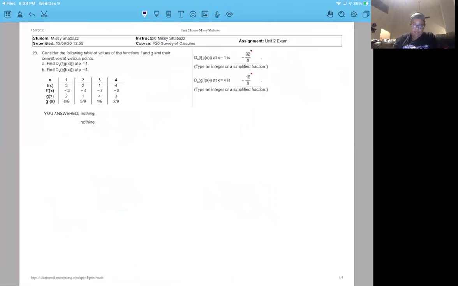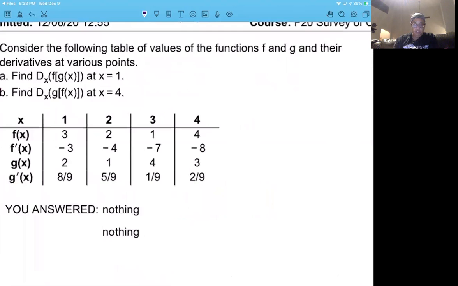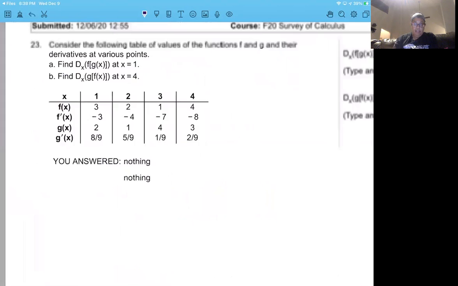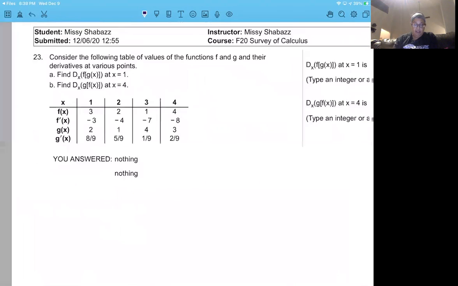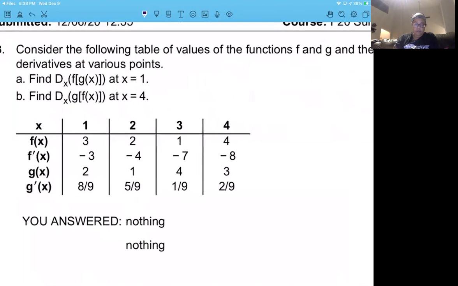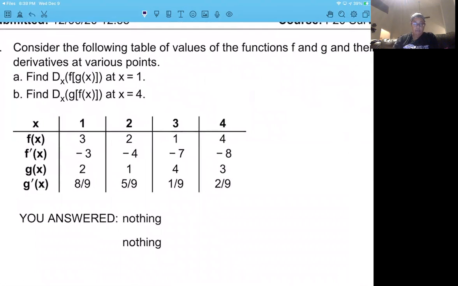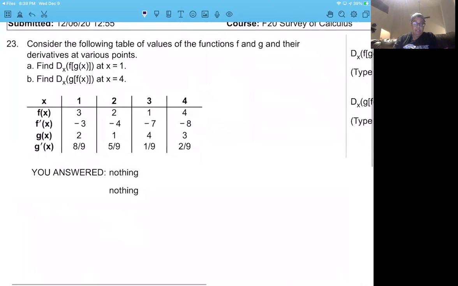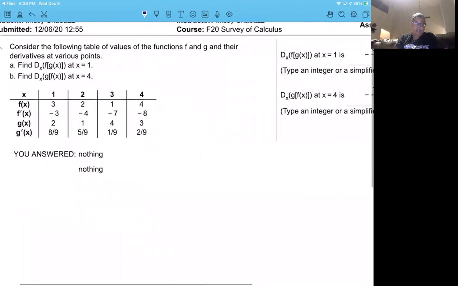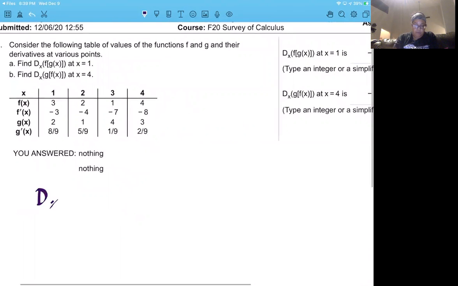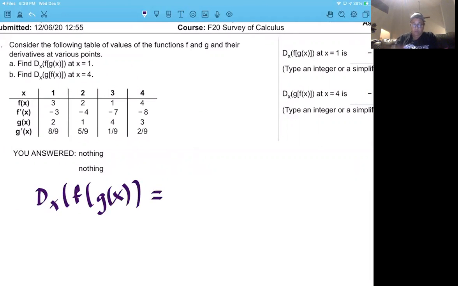All right, our next question is to use this chart, and it is finding the derivative of f composed with g and g composed with f. So if I am finding the derivative of f of g of x, right? That's the chain rule.